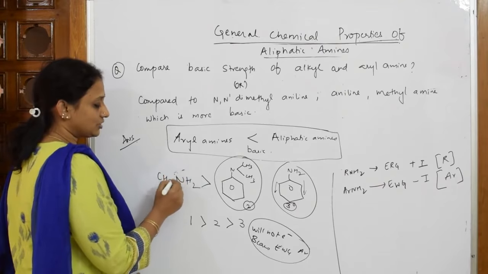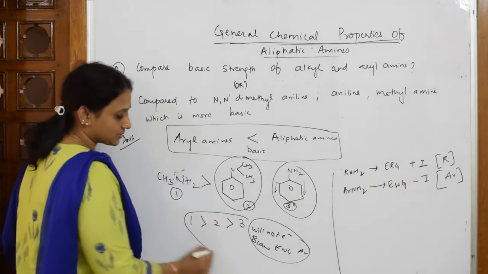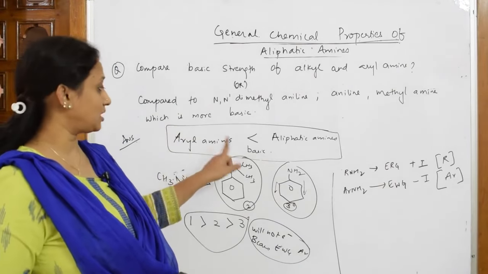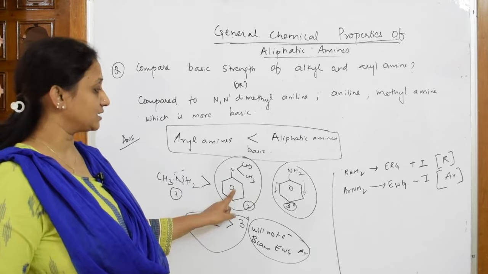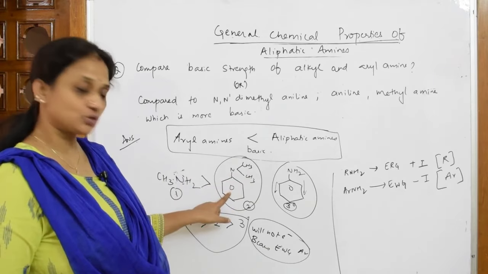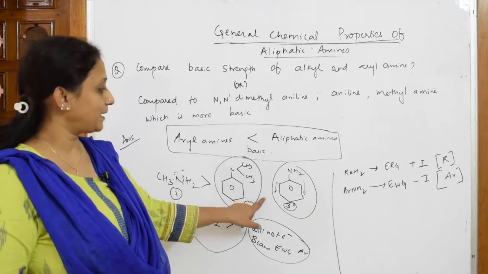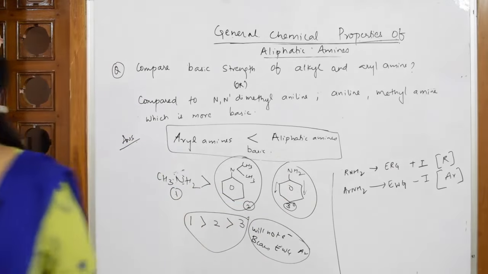So electron density on nitrogen increases, thus it releases electrons. So this is your concept. So remember always, aryl amines are less basic. Point number 1. Point number 2, if you find any methyl group attached to benzene ring, try to take this as more basic compared to directly attached nitrogen to benzene ring.